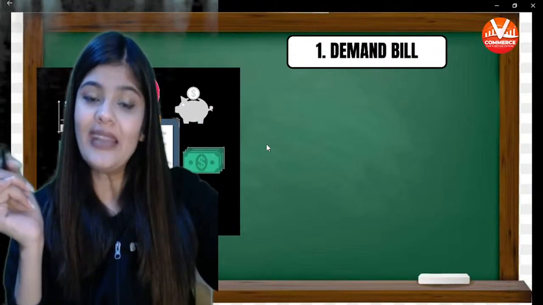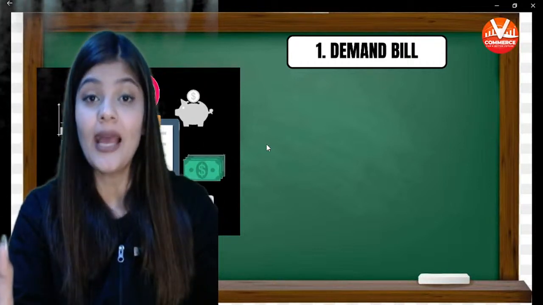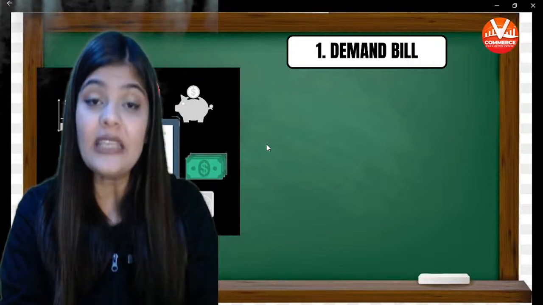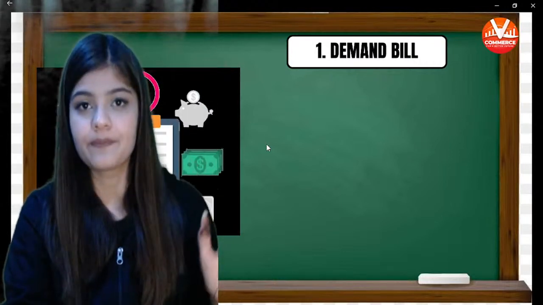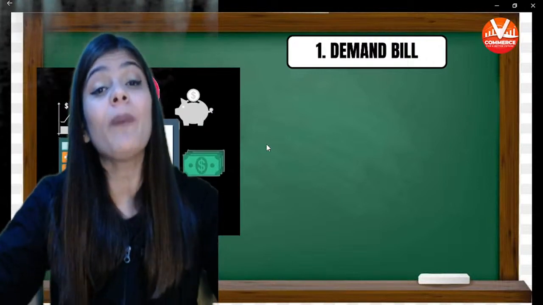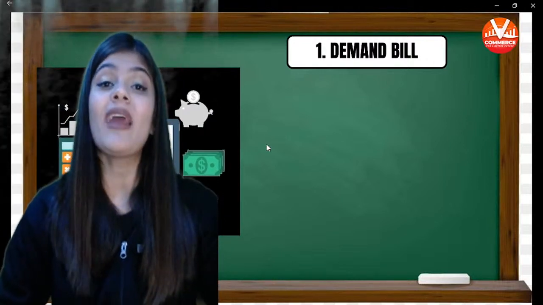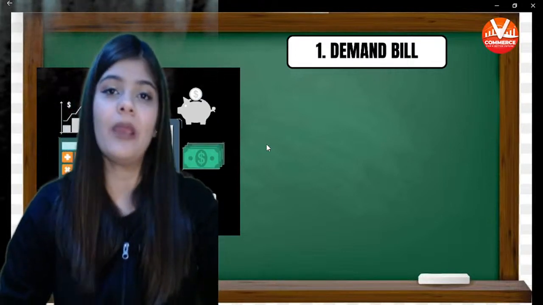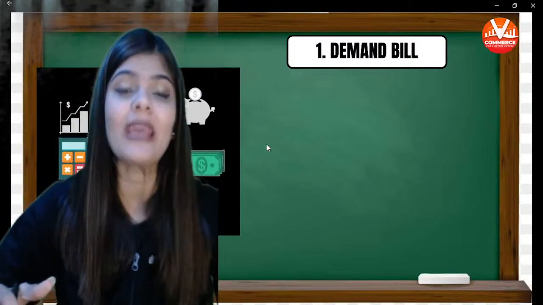Drawer will make it, drawee will accept it, and drawer can present the bill any time. Drawer उस bill को कभी भी present कर देगा और drawee को पैसे देने पड़ेंगे. So whenever drawer will ask, whenever drawer demands the payment, drawee has to make it.